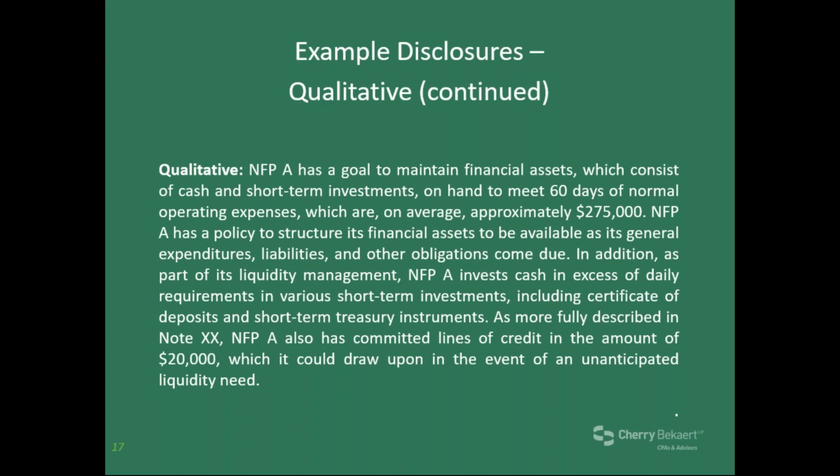In the polling question, we asked how many of you have a liquidity policy. Just wanted to point out that the standard does not require you to adopt a liquidity policy. It simply states that you have to disclose whatever that liquidity policy is. So that is one of the areas as you implement the standard that you may want to look into, whether or not you want to implement a liquidity policy.